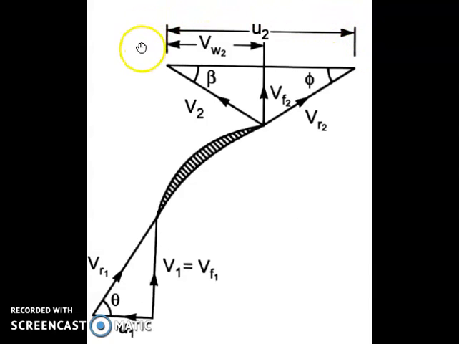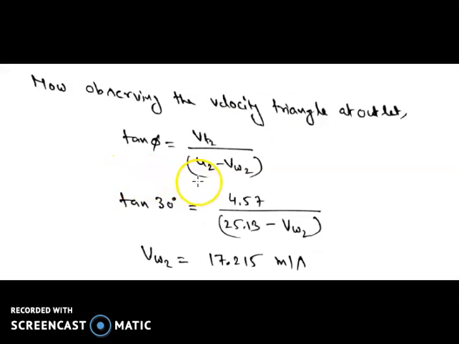Here you can observe that tan phi is equal to Vf2 divided by U2 minus Vw2.